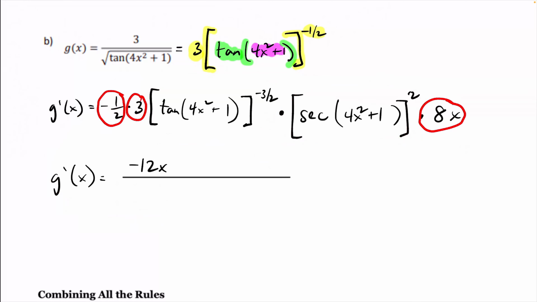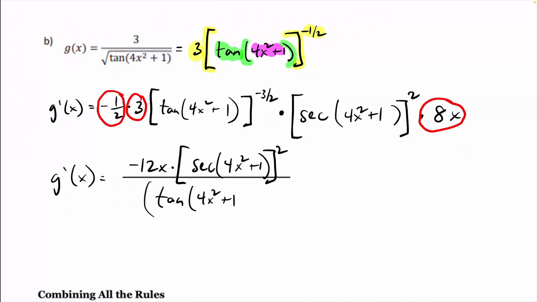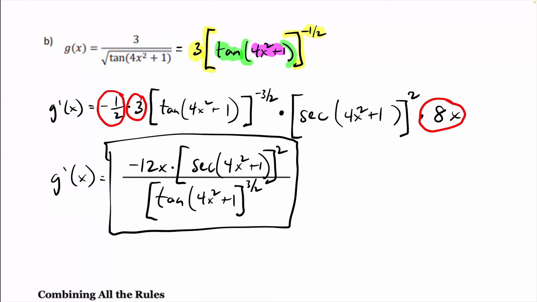Secant squared of 4x squared plus 1, over tangent of 4x squared plus 1 to the 3 over 2 power. Done.